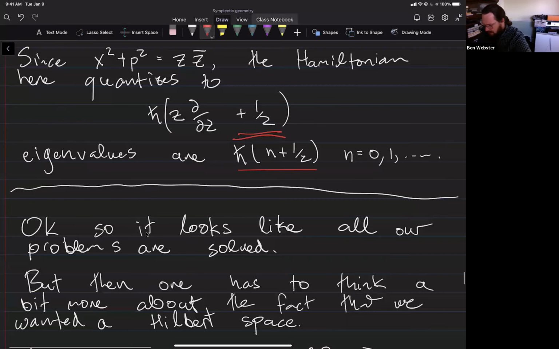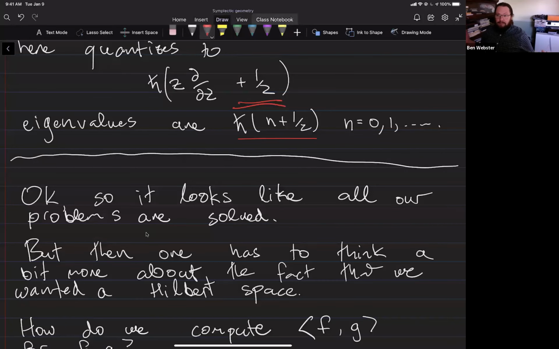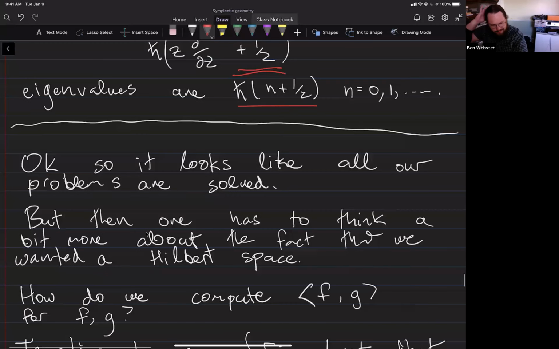Okay, so it seems like life is good and all our problems are solved. But in fact, problems remain. In particular, I skated pretty fast by exactly what space I wanted to take my sections in, because I said elements of L2 which are constant along this polarization.